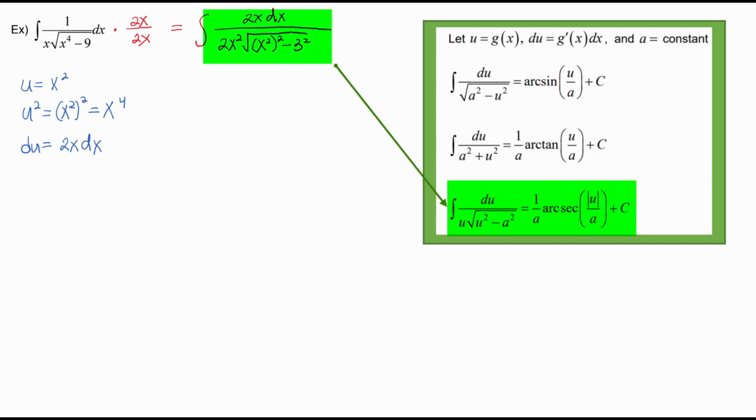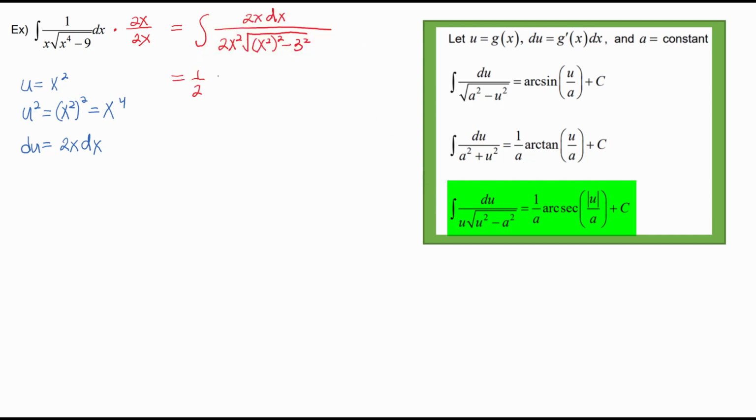So I'm almost close. Since x squared is my u, I have now u radical u squared minus a squared. So the only thing different from our arcsecant formula is the 2 in front of my x squared. But 2 is 1 over 2, and it is a constant multiple. So I have no problem pulling it out in front of the integral.